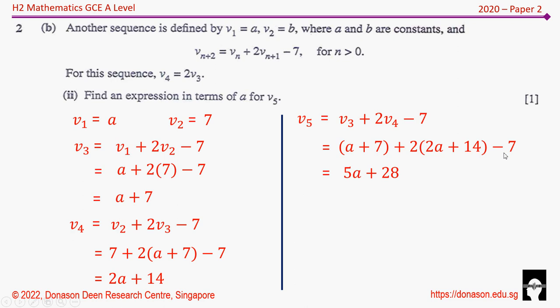Here we got a plus 7, here we got a minus 7, which cancels out. Therefore our v5 is 5a plus 28, and we have expressed v5 in terms of a as needed by the question, and that should give us 1 mark.